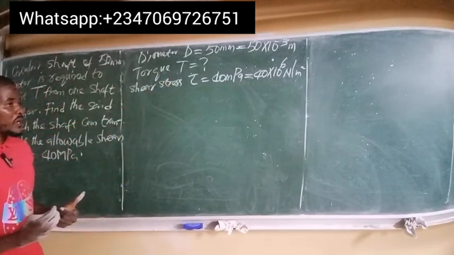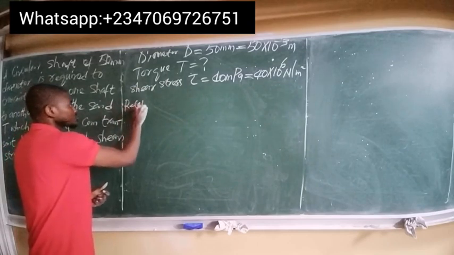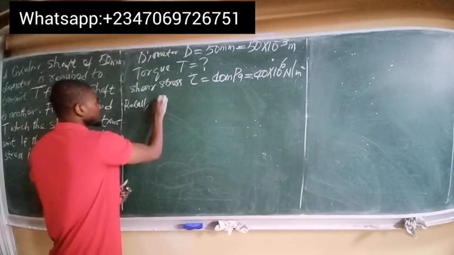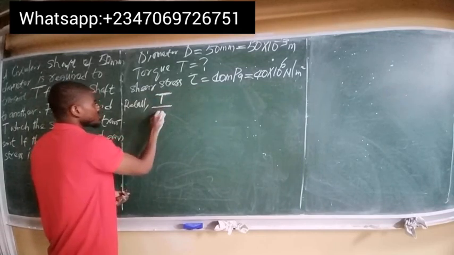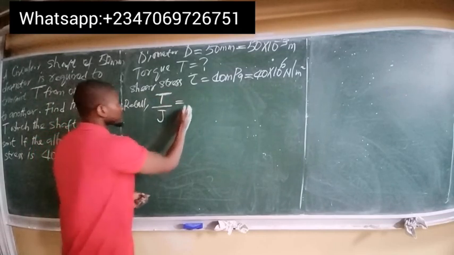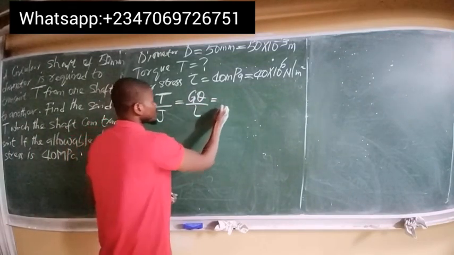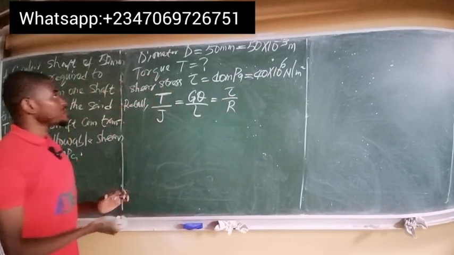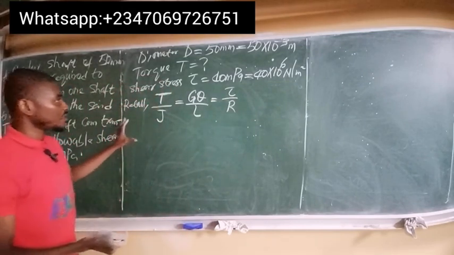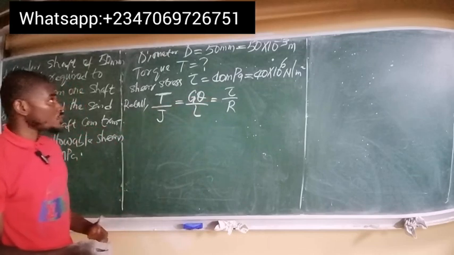So once again, we employ the torsion equation. Recall that from the torsion equation, T all over J equals G theta all over L equals shear stress all over radius. So we assess the given parameters to see which of them satisfy the given condition in the equation.